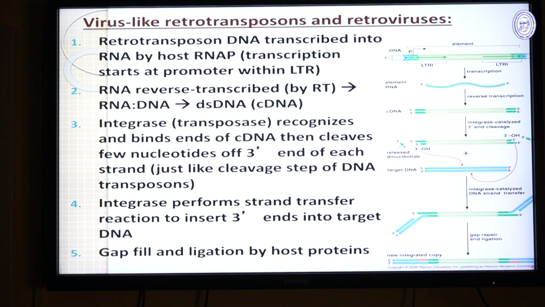That means the job of the integrase or the transposase is just to bind and cut, to create a 3' OH, nothing else. Please check the first, second, third, fourth steps of the diagram. The dinucleotide has been released, and a 3' OH has been created on the two ends of the cDNA.